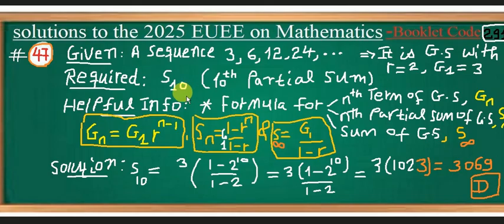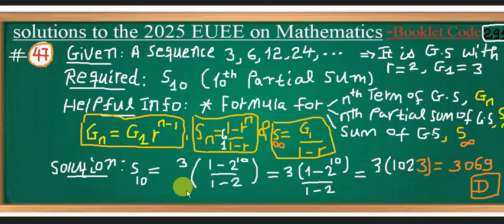For this question, what we are asked is the sum of the first 10 terms, 3 plus 6 and so on. What do we get for the first 10 terms? We just apply the formula, putting 10 in place of n and 2 in place of r. The first term is 3. We get, after calculating this, 2 raised to 10 means 1024. 1 minus that is negative 1023.